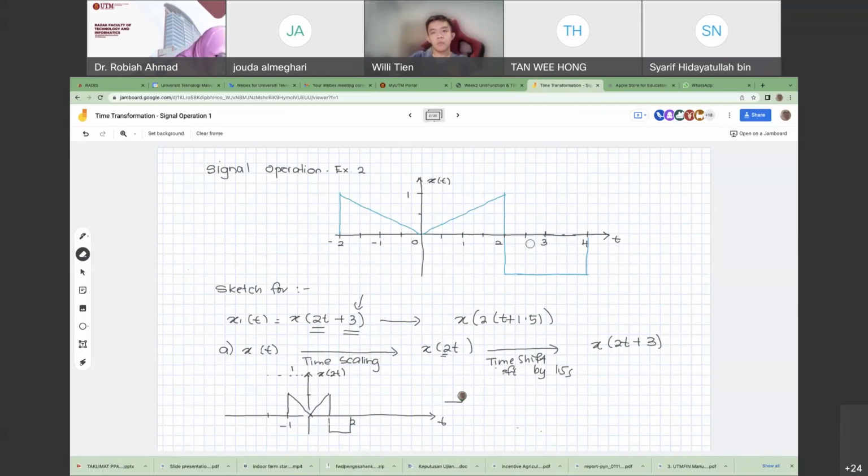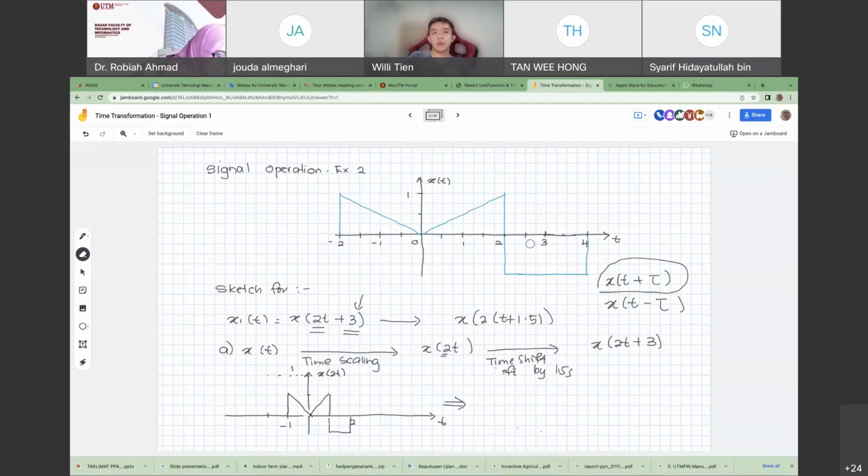This one is the tricky part. Because when we do x(t plus tau) or x(t minus tau), in this case our case is positive. If positive, which way does it go, left or right, class? It will go to the left.